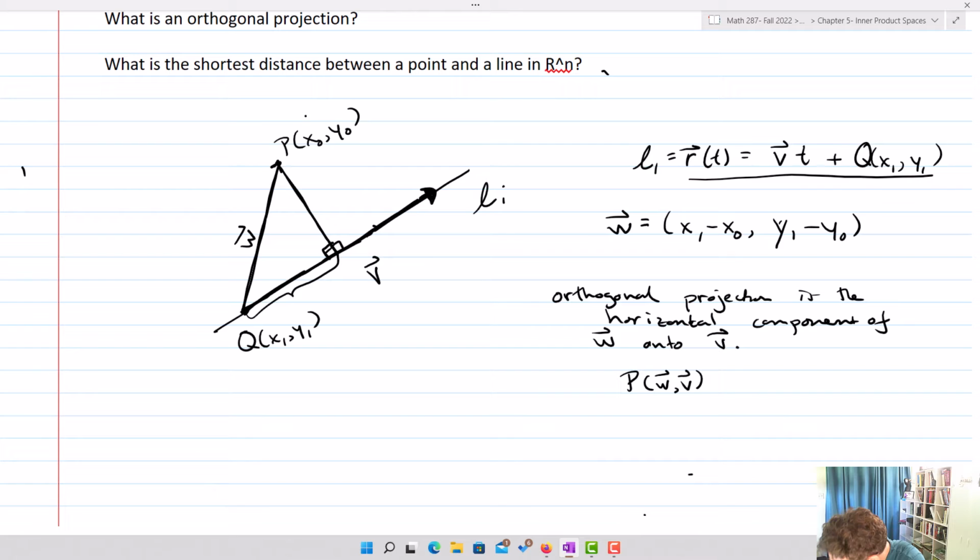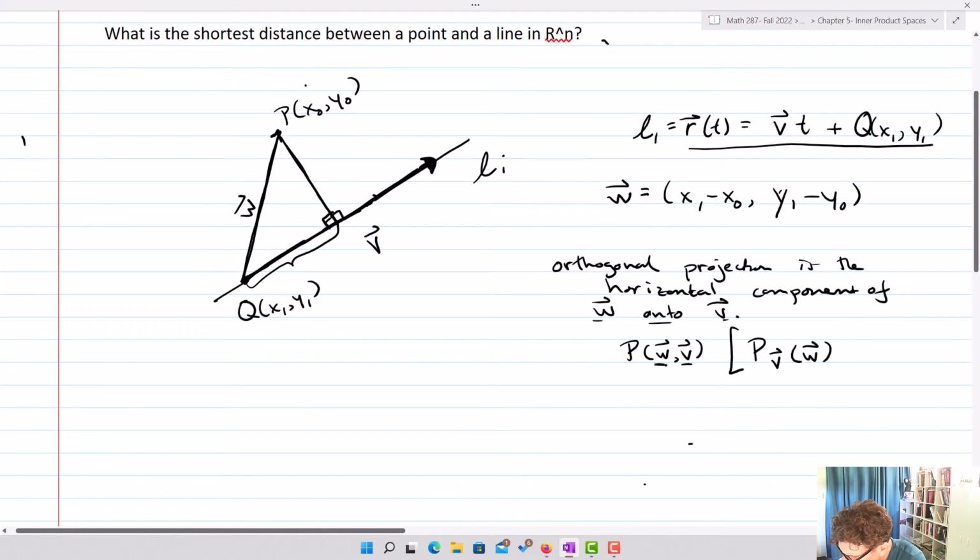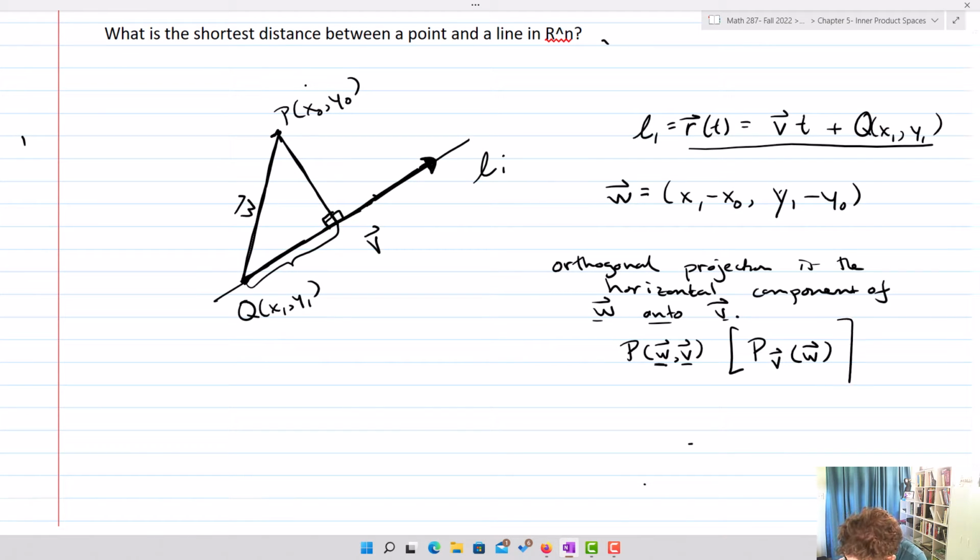Now, what you may have seen it rewritten as is P of V, okay? And so basically we're going to say it's W onto V. W is the thing that we're projecting down onto our vector V, okay? You may have seen something like that.